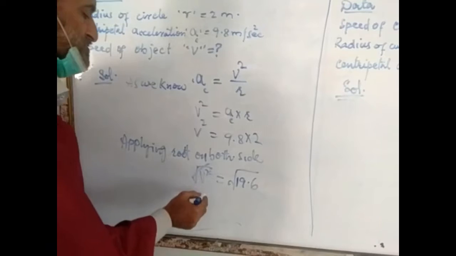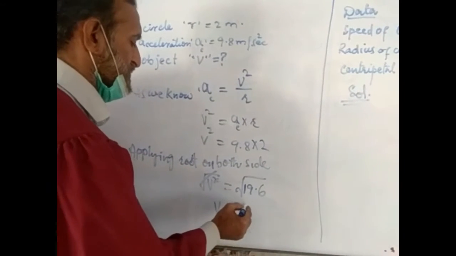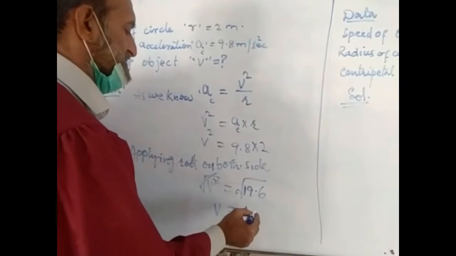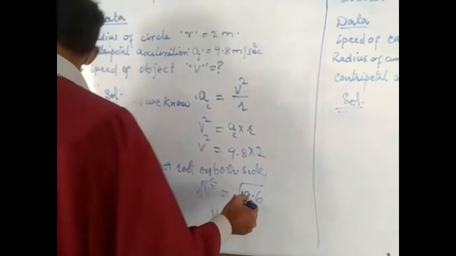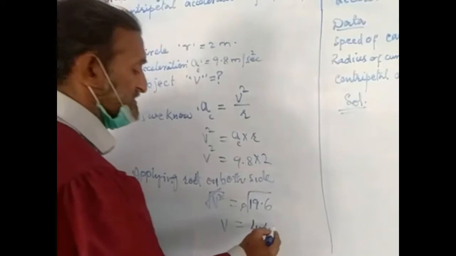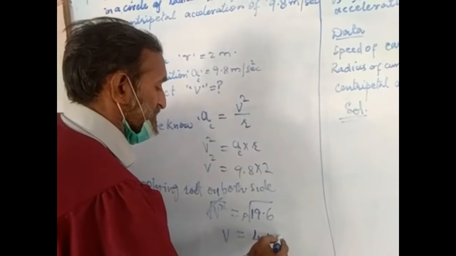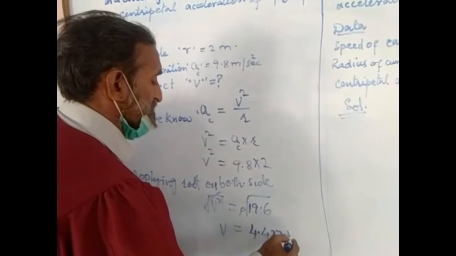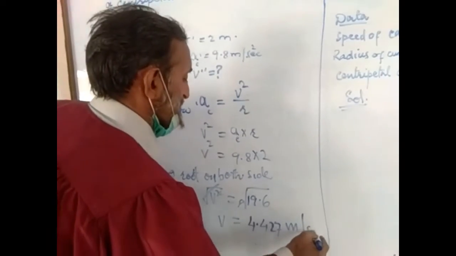Root will cancel the square. V is equal to 4.427 meter per second.